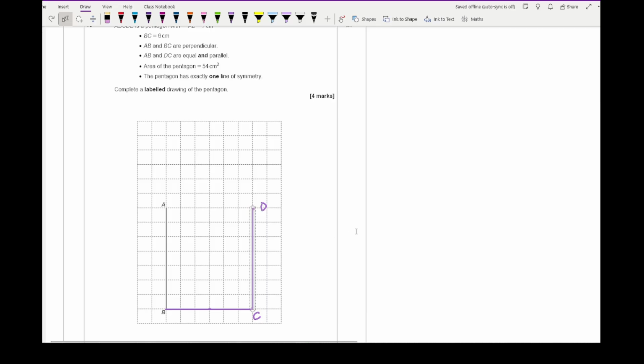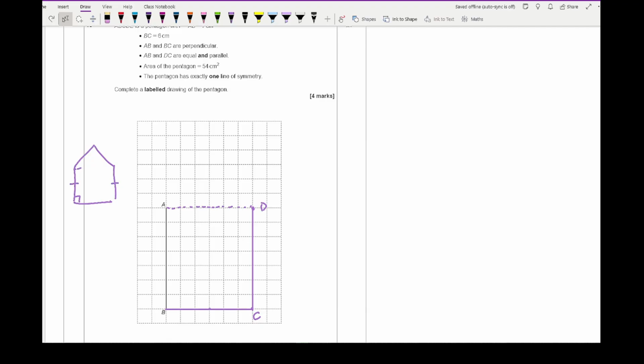Now if I just cut this rectangle up, in order for it to have one line of symmetry and for it to be a pentagon and to fulfil the other lengths, this length needs to be the same as this one and it needs to be perpendicular, so it's going to look something like this.